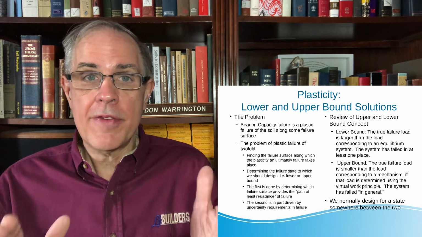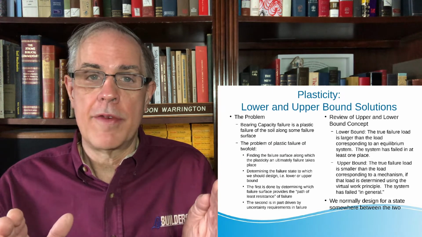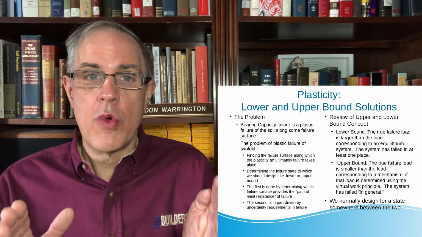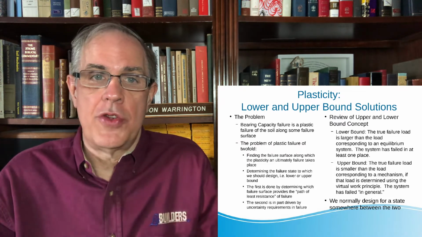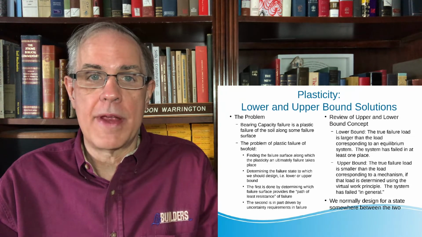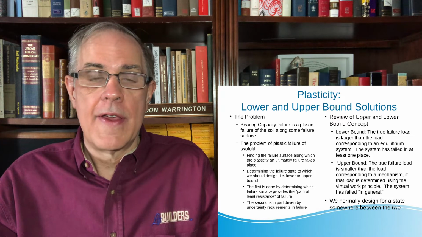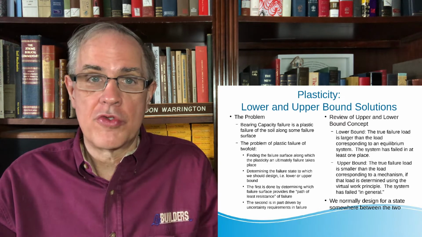And believe it or not, in bearing capacity and a lot of other parts of soil mechanics, we design between the two. We actually design in such a way that we anticipate that some plastic failure will take place. The question is, how much do we restrict it?